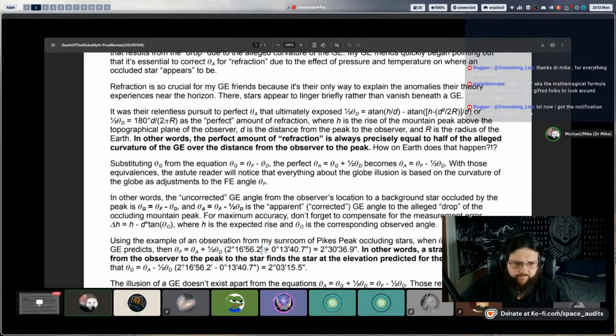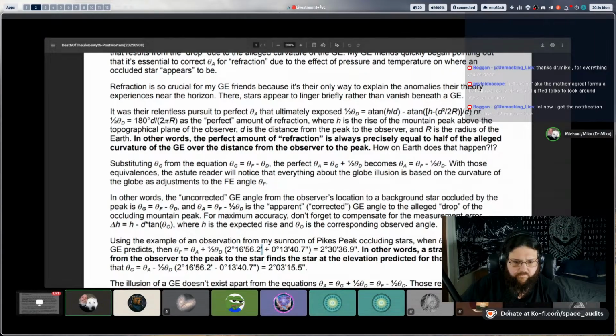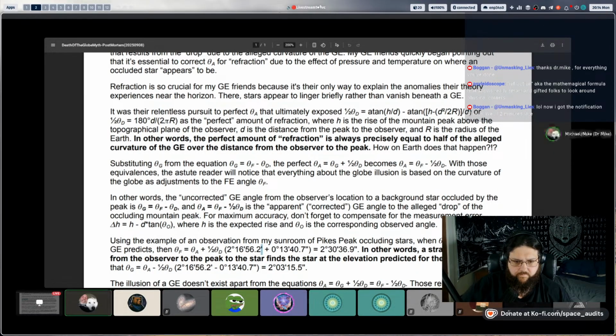It put arc minutes again there, but that's the perfect angle. And 218, 219, 222, any other numbers they come up with, that's imperfectly corrected, and that doesn't really point to the peak. But 2 degrees, 16 minutes, and 56.2 seconds points precisely to the top of the peak, and that is exactly 1/2 the distance angle.